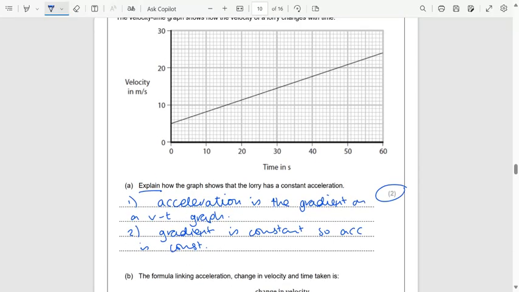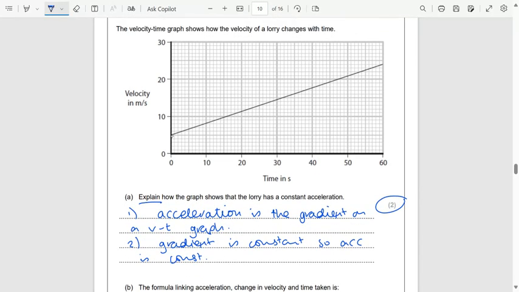So we have a velocity that goes from this number up to this number. Now each one of these little squares is 1, and it might take you a few moments to work that out. So the first thing you need to do is look at the scale and work out the numbers that it actually is.